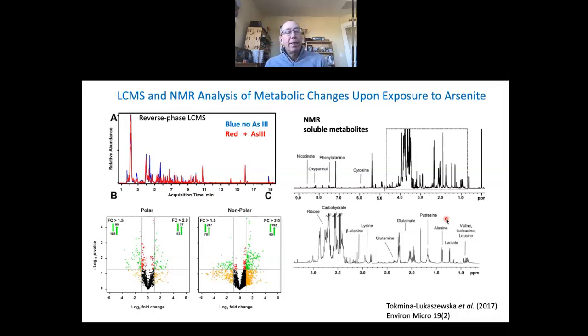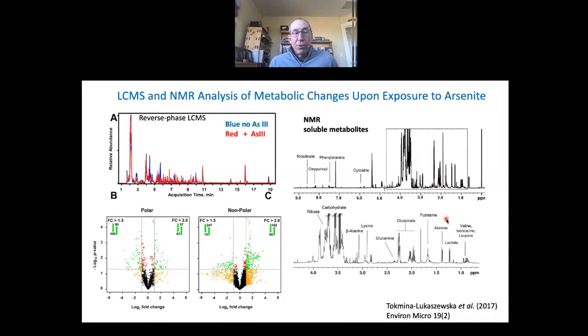Both of these techniques are sensitive ways to look at complex mixtures of molecules in solution. And so we're able to look at hundreds to thousands of molecules in a single sample and make quantitative comparisons, so we can screen on a wide range what is changing in cells under different conditions.